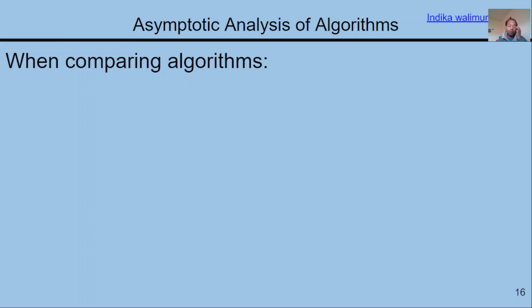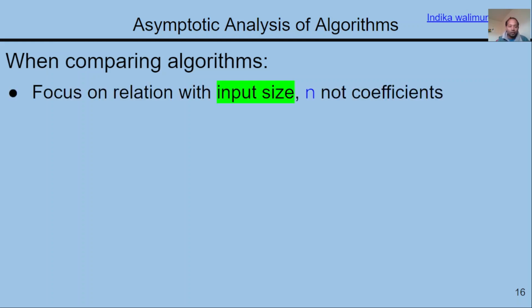Okay, so let's talk about asymptotic analysis of algorithms. When we compare growth functions or algorithms, we focus on input size, not coefficient. We focus on input size n, not the coefficient of the cost function.